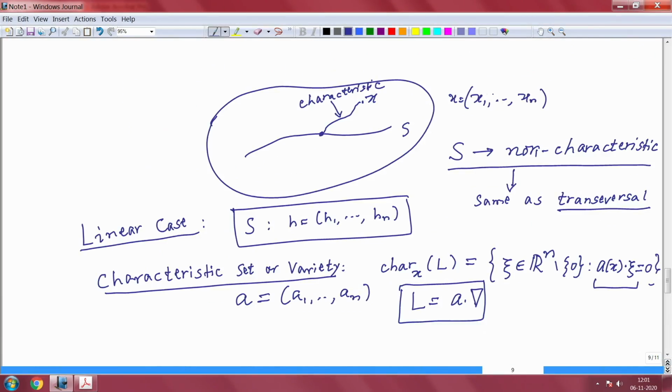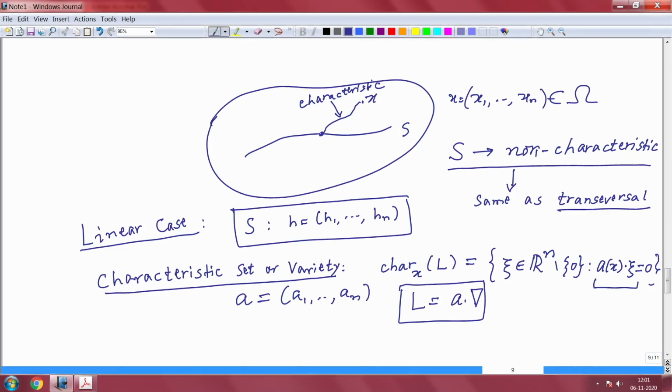So, given a point in omega, we would like to draw a characteristic meeting the initial surface at some point. In order to do this, we want to find the characteristic variable t and the variable that describes S, namely s.